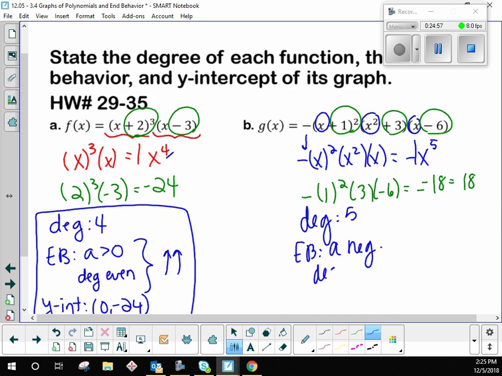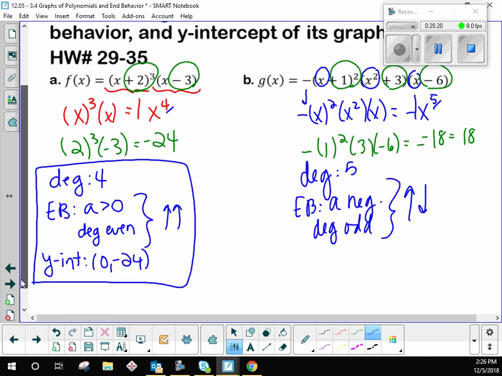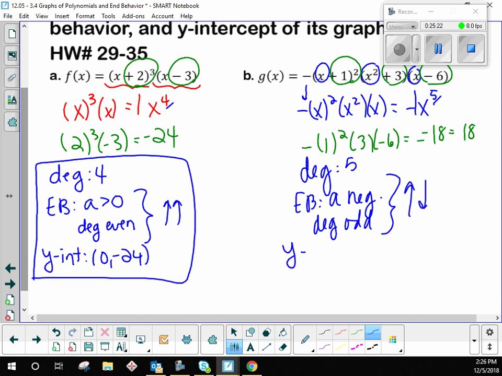And is the degree even or odd? Odd, because it's 5. And so if it's odd, normally it goes like this, but now it's negative, so those change. So it's up, down. Okay. And then the y-intercept is 0, 18.